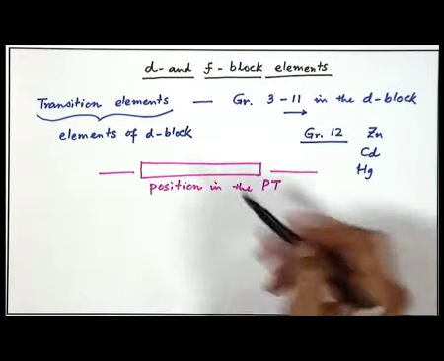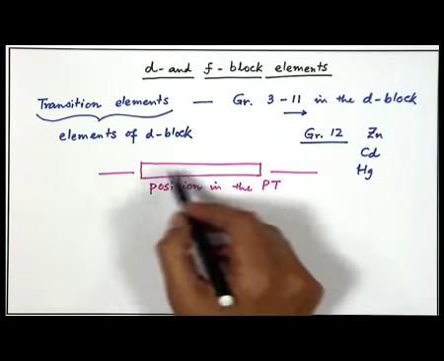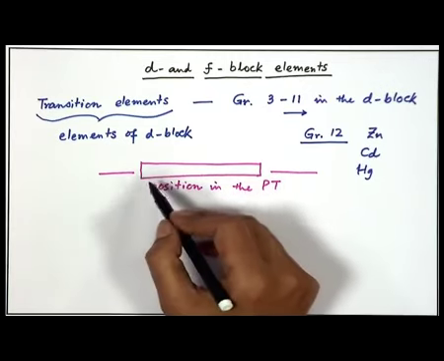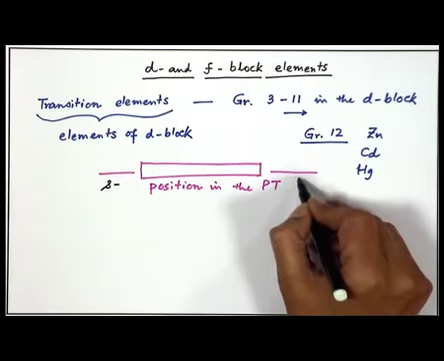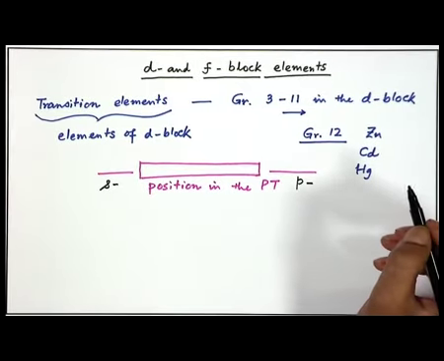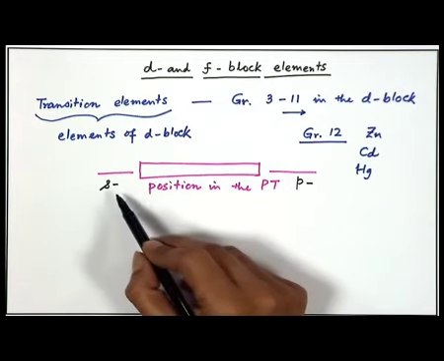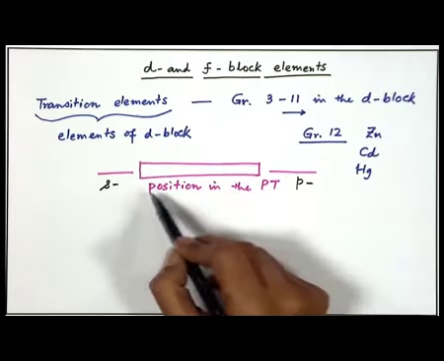So, positioning of these elements is important, and this position is the transition position from S to P. If these are S and these are P block elements, we basically go for a transition from S to P via these elements.